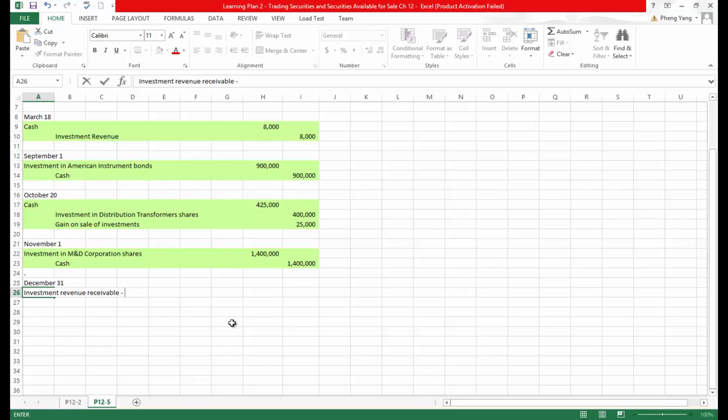And let's denote it as American Instruments bonds, okay? And the investment revenue.